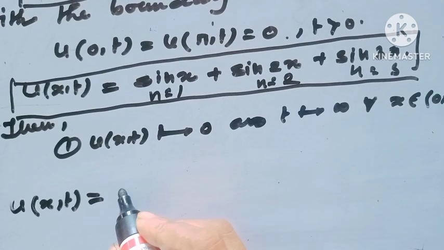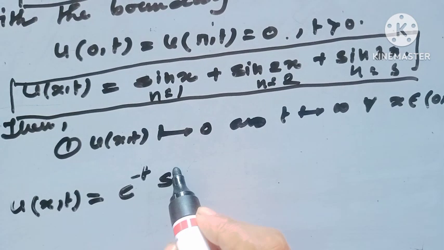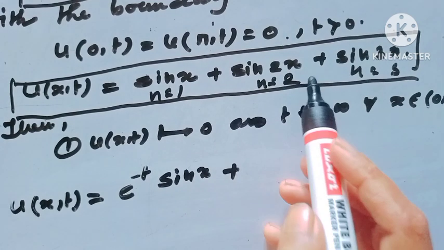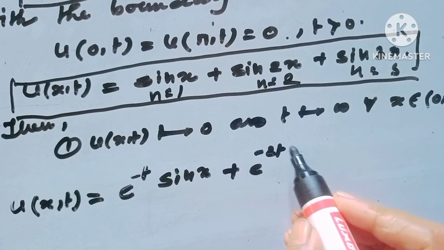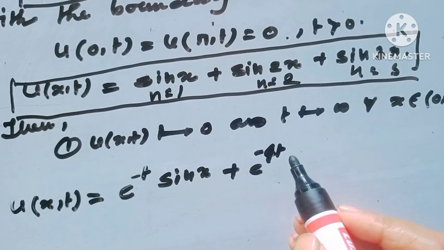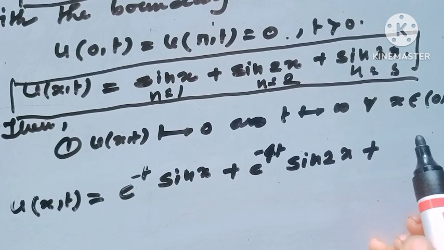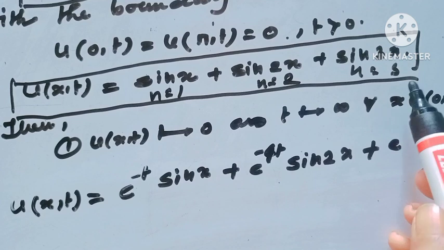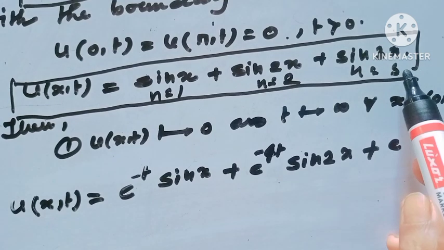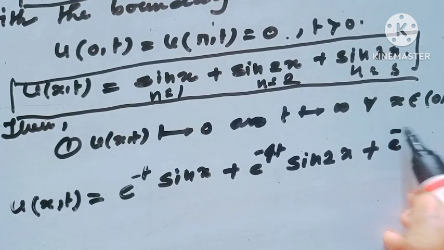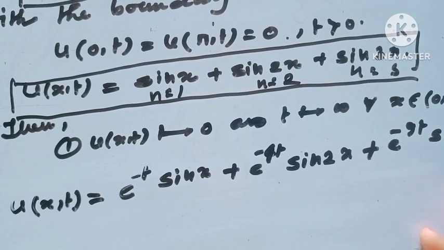Here u(x,t) = e^(-t) sin x + e^(-4t) sin 2x, using e^(-n²ct), and for n = 3, e^(-9t) sin 3x.